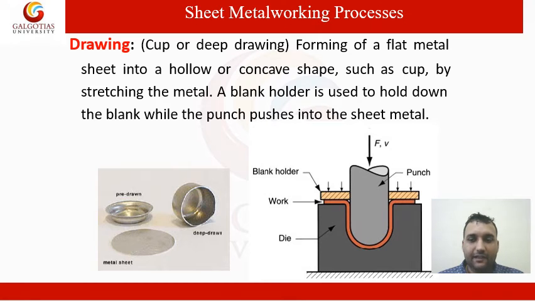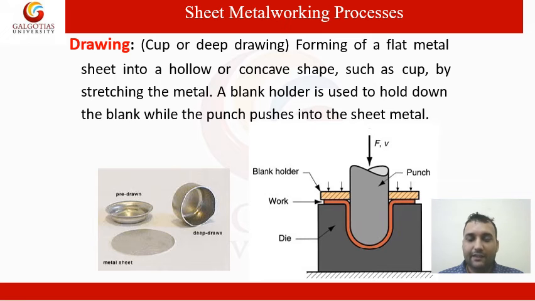The next classification is drawing. We can see cup or deep drawing. In this forming process, the flat metal sheets are formed into hollow or concave shapes, such as cups or plates, by stretching the metal. A blank holder is used to hold down the blank, which pushes the punch into the sheet metal.